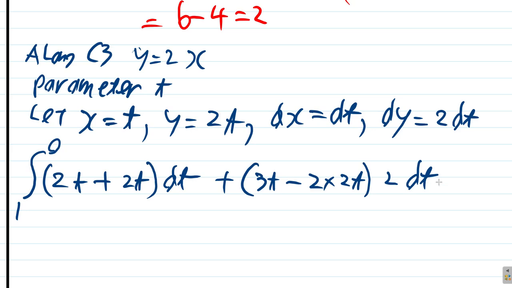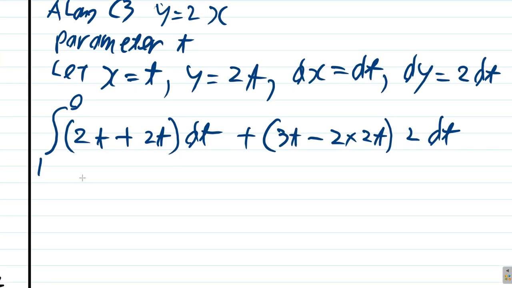You could try doing it again without a parameter. What you would get is 2x plus 2x dx, if you write everything in terms of dx, and then 3x minus 2 times 2x times 2 dx. But we're using a parameter here.